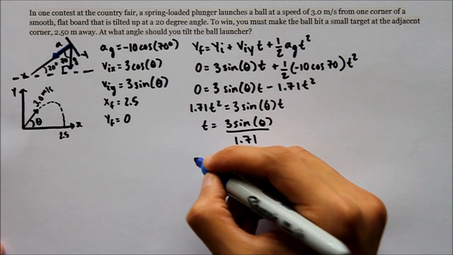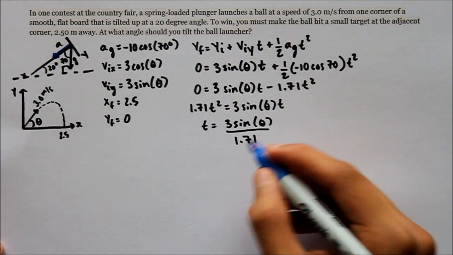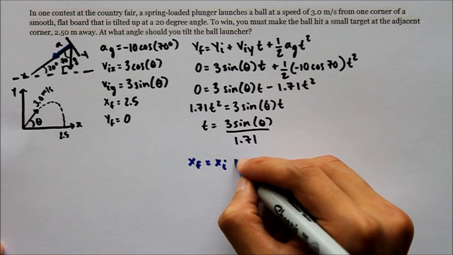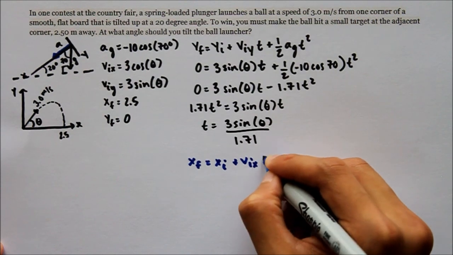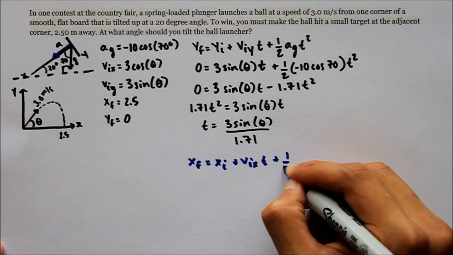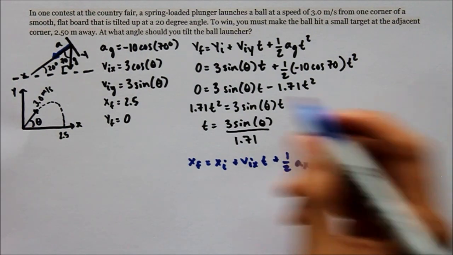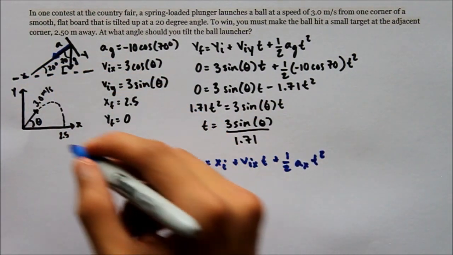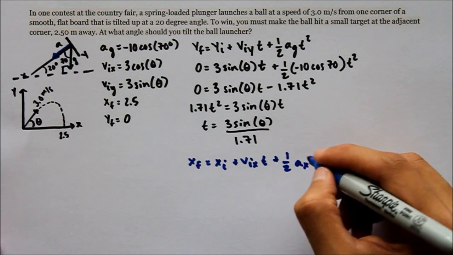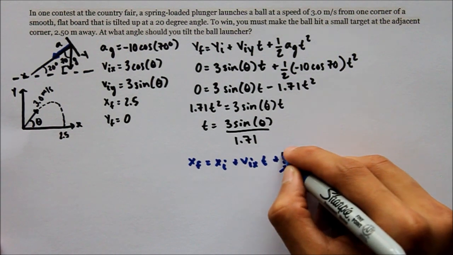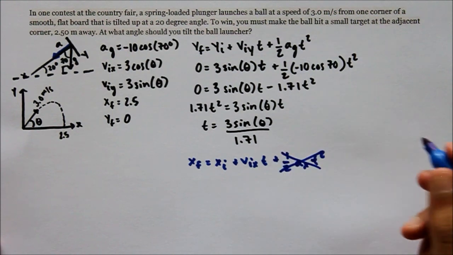So the last part of this is we're going to be using our x final equals x initial plus velocity initial along x t plus 1/2 ax t squared. Now, as with any other projectile motion, we're going to be having 0 acceleration along the x. So this ax is going to be 0, and all this just becomes 0.